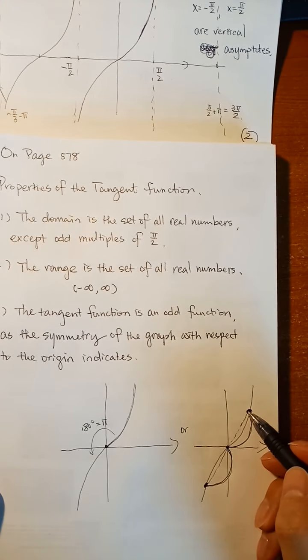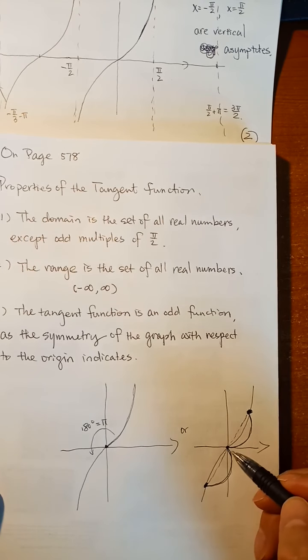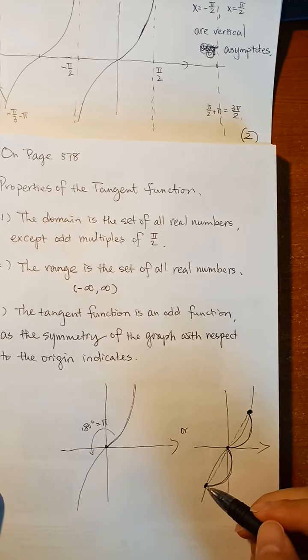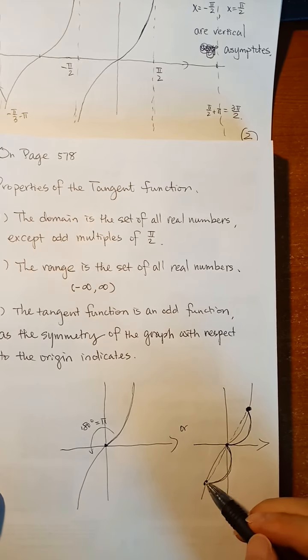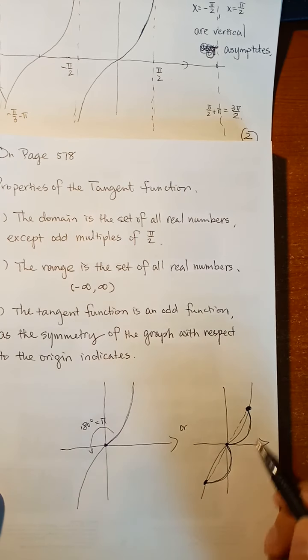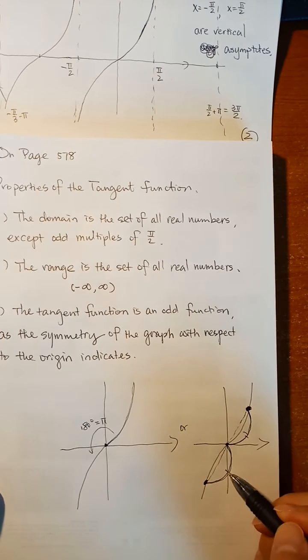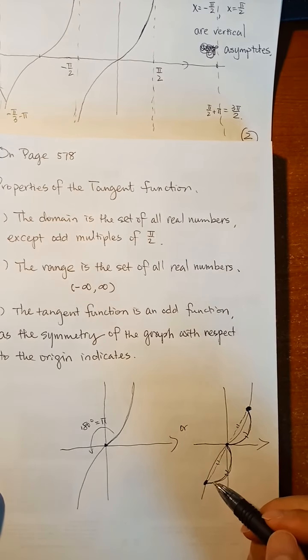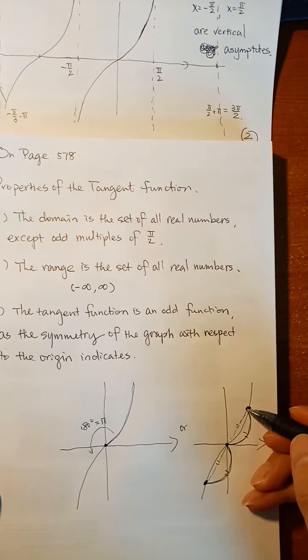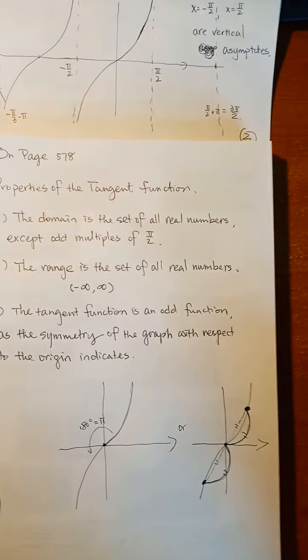So you start from the point, you connect it to the origin, and you extend it to the left part, intersect the graph at the second point, and the distance from the original point to the origin is equal to the distance from the origin to the second point. They have the same distance. This is another explanation of odd symmetry. You can either use rotation or you use the segment and the extension.